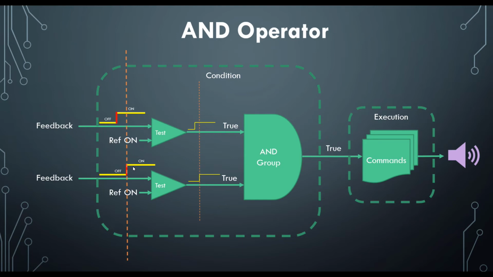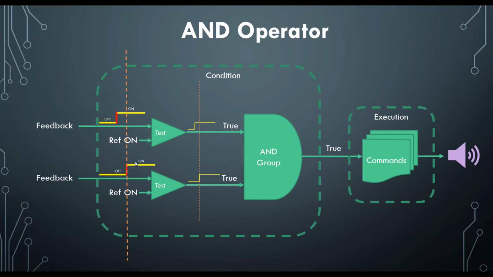We could say that when this final event occurred, this test was using the state of the feedback sensor, and this test was using the event of the feedback sensor and thus acting as the trigger.